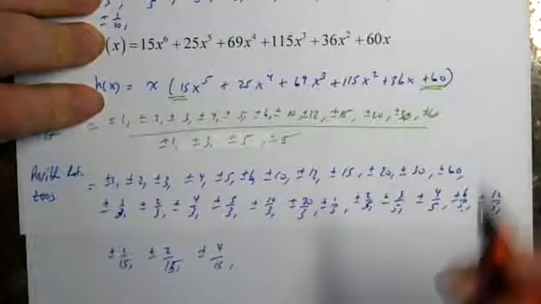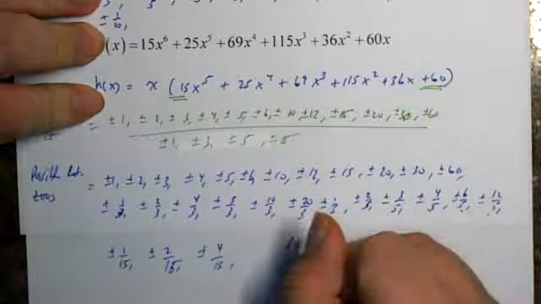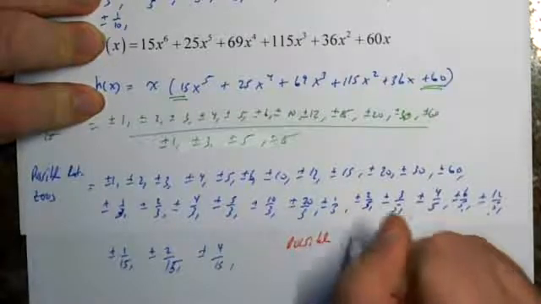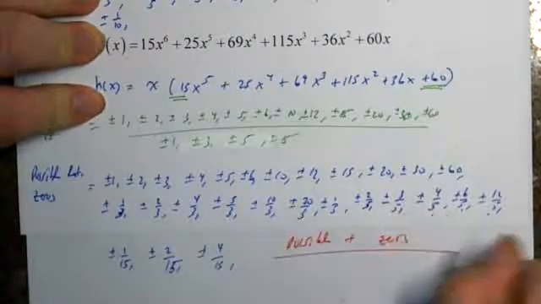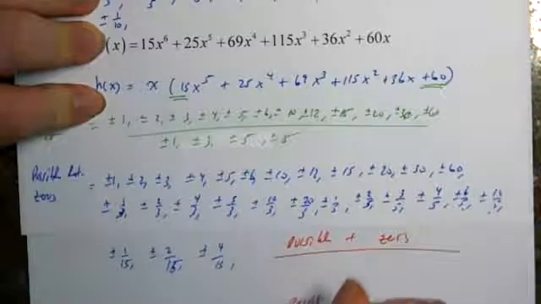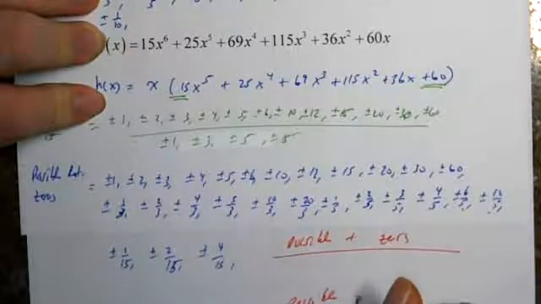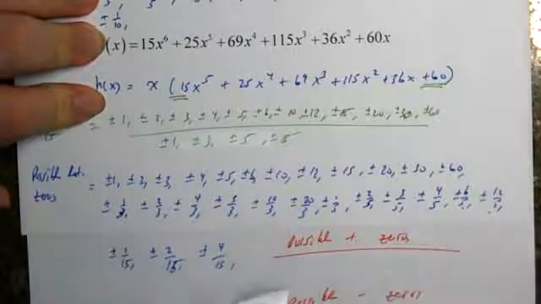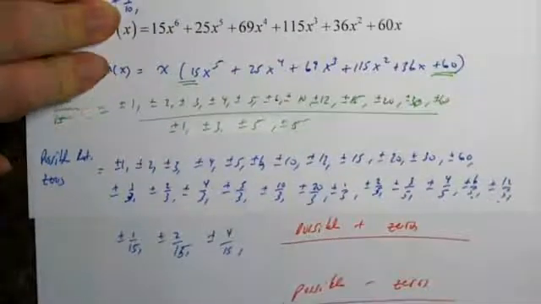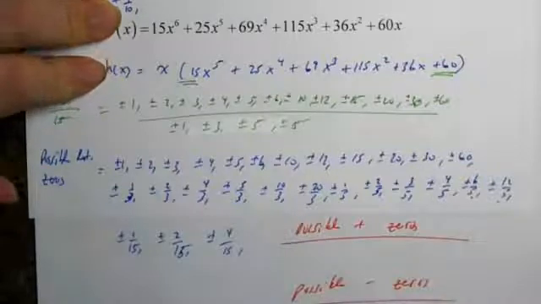Okay. Now let's do Descartes' rule of signs. Possible positive zeros and possible negative zeros. So let's see what Descartes has to say. Okay.